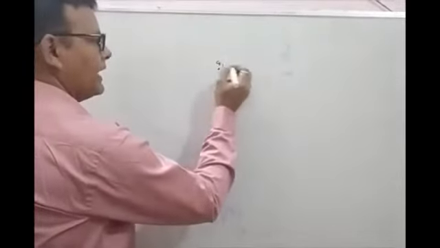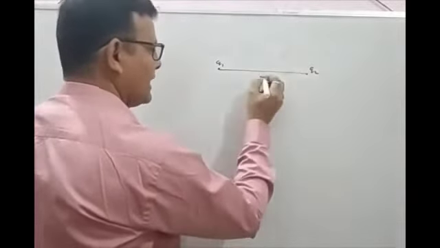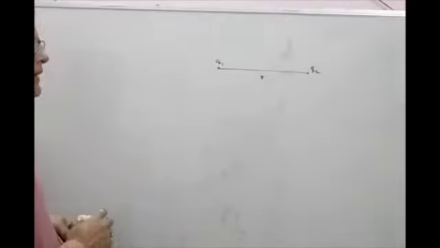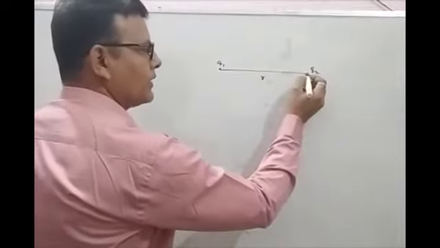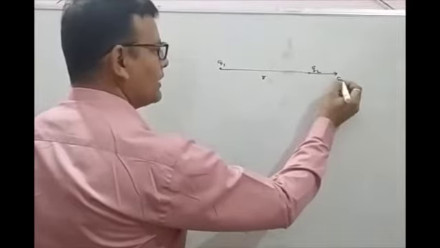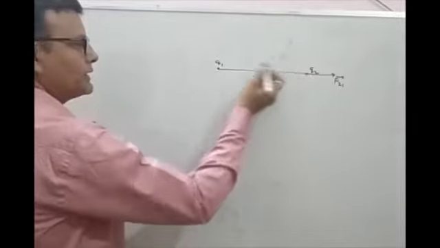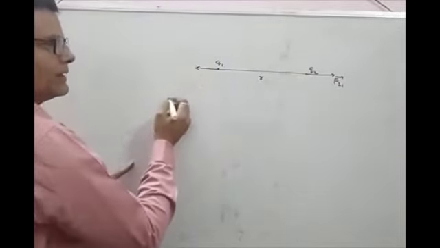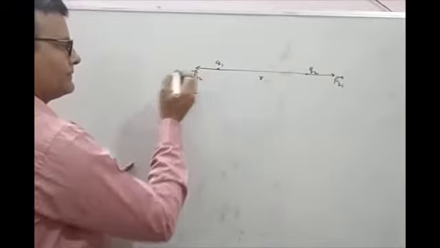Now suppose Q1 and Q2 are separated by some distance r, and you have to write Coulomb's law in vector form. In this case, Q1 exerts a force on Q2 along this direction, and this force is called F21 vector, and Q2 also exerts a force on Q1 along this direction, and this force is called F12 vector.